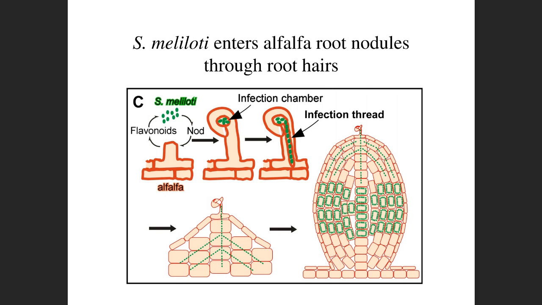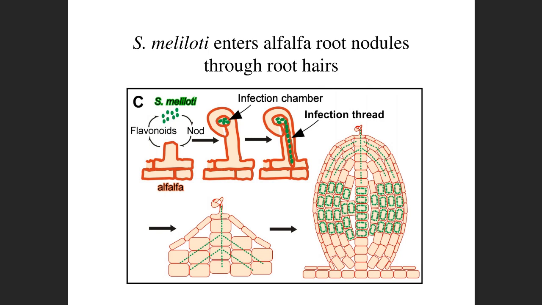This is the infection thread and the bacteria, and the infection thread keeps going. At the same time, the plant is growing and building a construct called a nodule from nowhere. The plant actually built this structure because there are bacteria there.